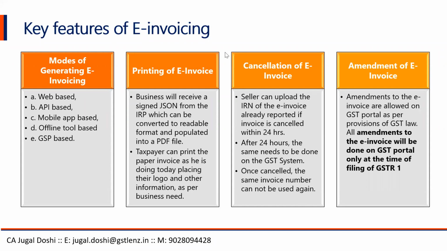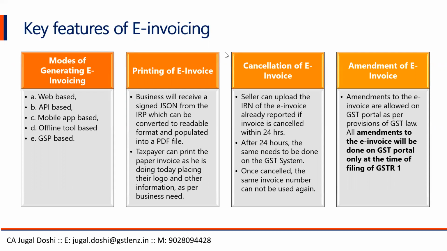So if I generate a bill, let's say today morning at 9 AM and one bill today evening at 7 PM, both of these bills would be available on the e-invoicing portal till tomorrow midnight. So this 24 hours starts from the midnight of the day on which the invoice is generated, and for the next 24 hours they would be available on the invoicing portal. After that they would not be available. I can't cancel that e-invoice.